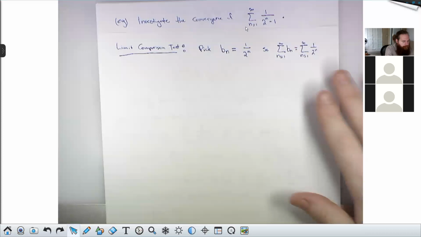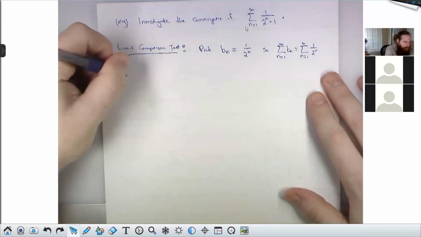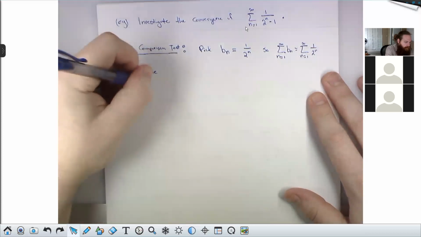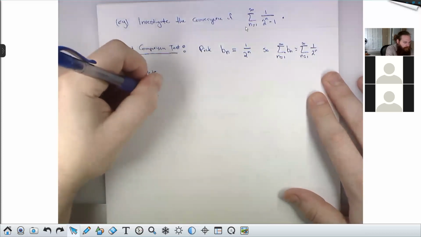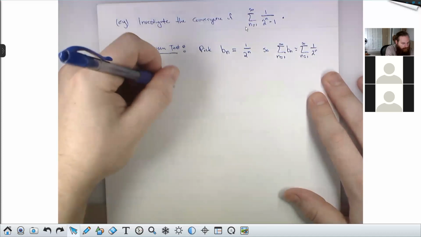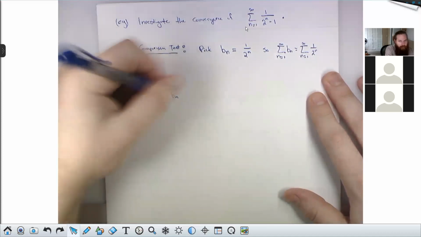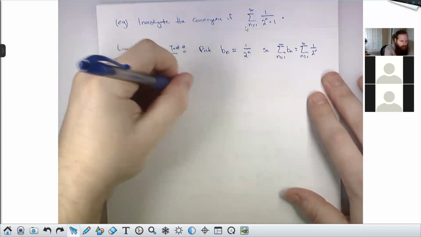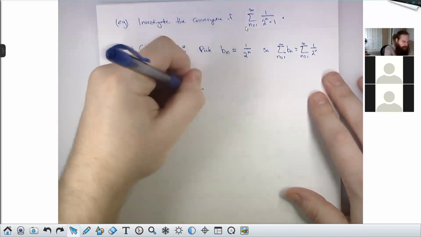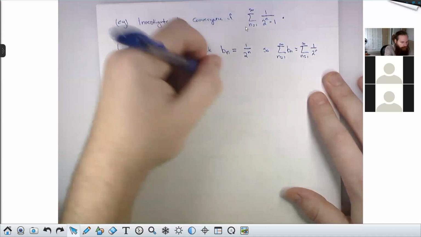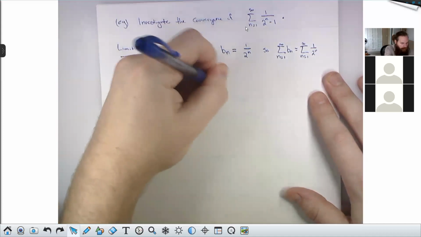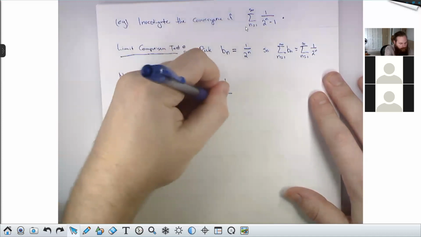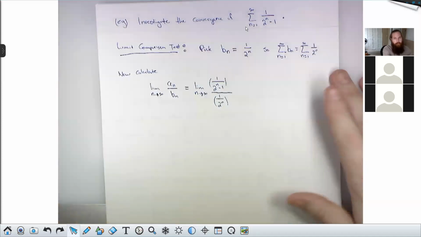I take the limit. So now we calculate the limit as n goes to infinity of the an over the bn. No sigmas here. That's the limit as n goes to infinity of 1 over 2 to the n minus 1, that's my an, divided by 1 over 2 to the n, that's my bn.